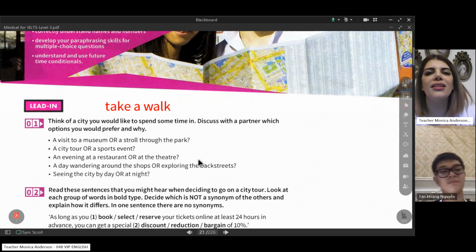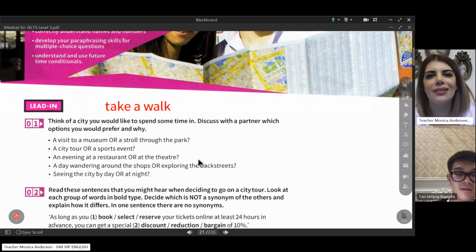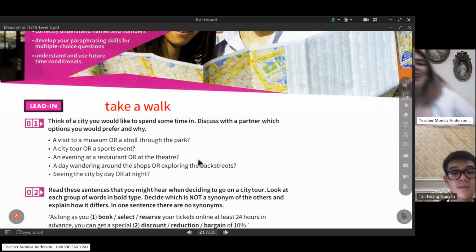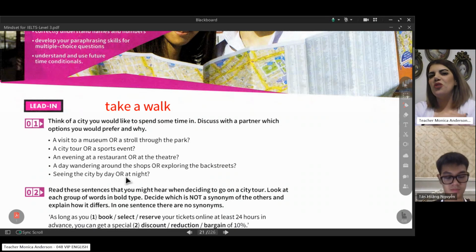Both of them can be considered as walking without any clear purpose. You can walk on the street without any purpose, or just see some shops. So which one?